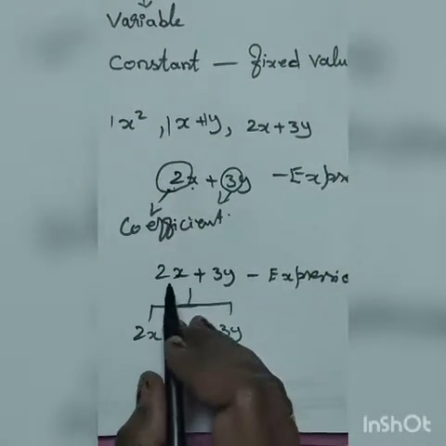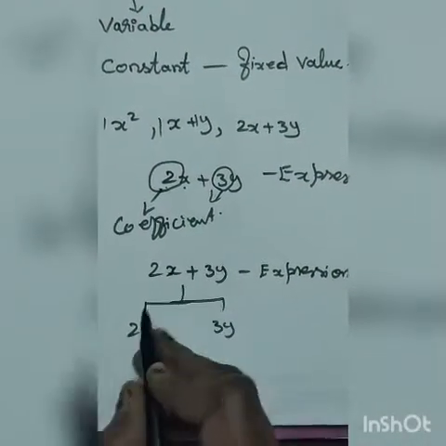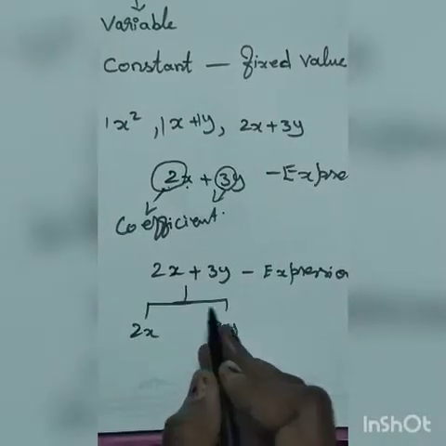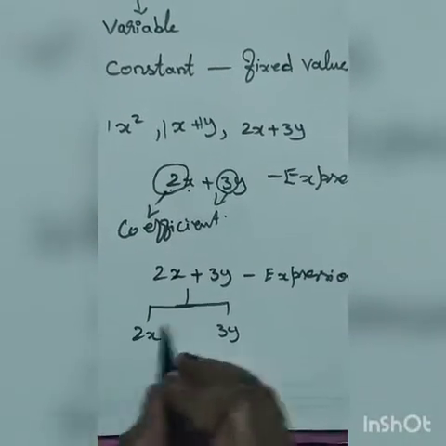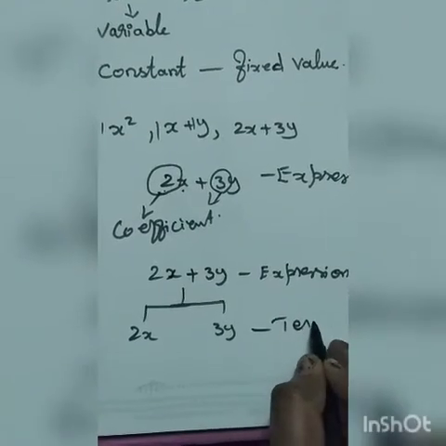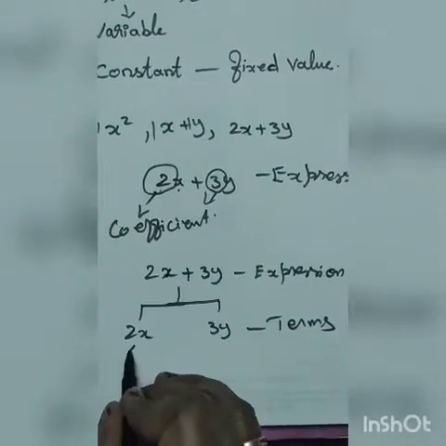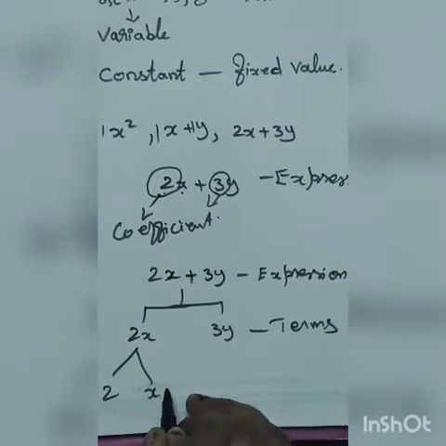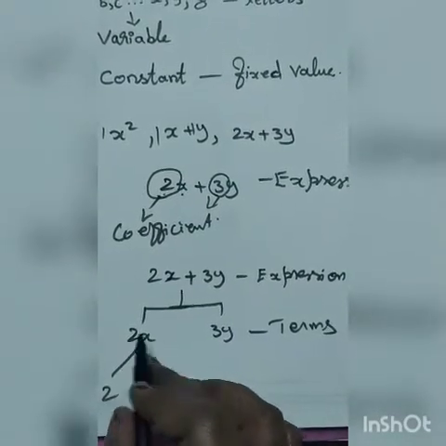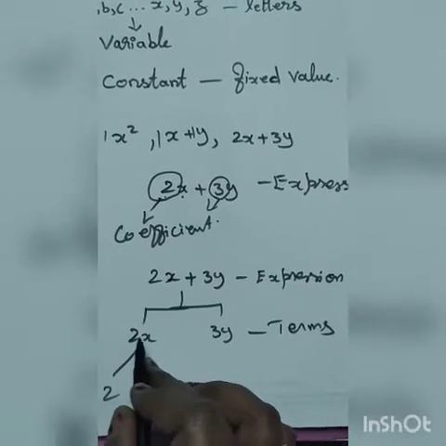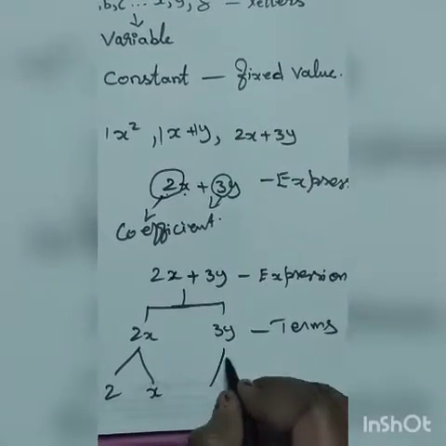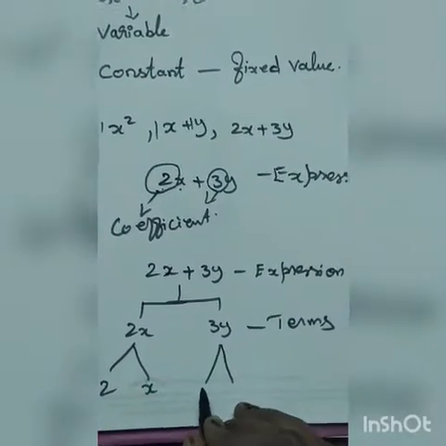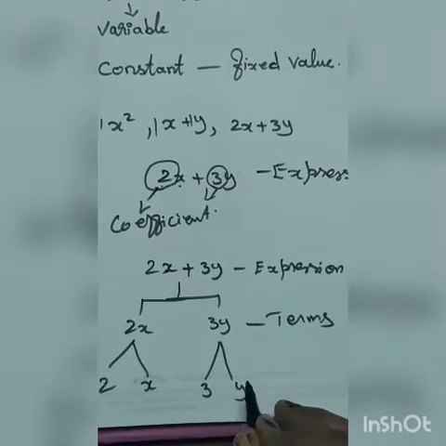And here we have two terms. I said two terms, so we have separated them, 2x and 3y. Again we call these terms, right? Now here we have 2, then x. So 2 into x, 2 multiplies x. So we have two factors here. Here also two factors, that is 3 and y.